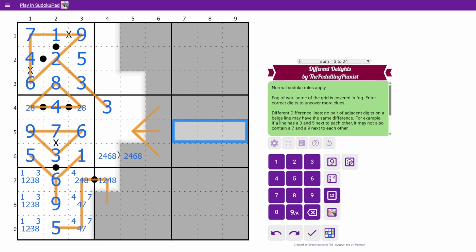Three goes in the middle, over there. Eight, 4 would be a difference of 4.